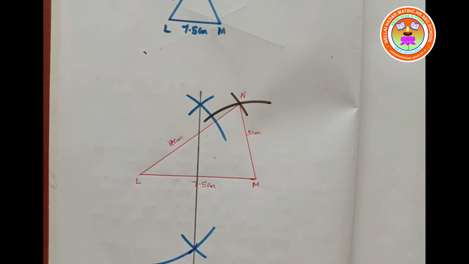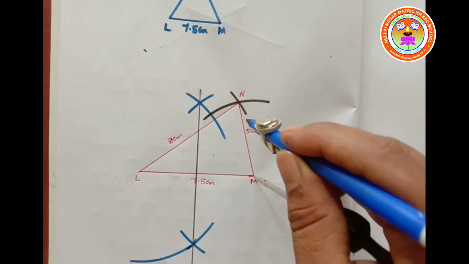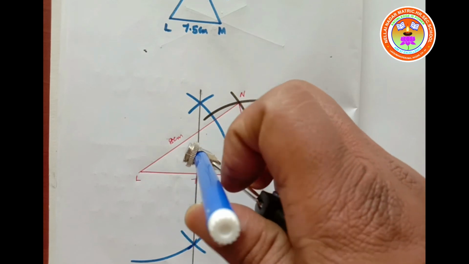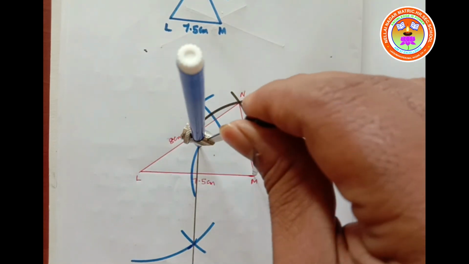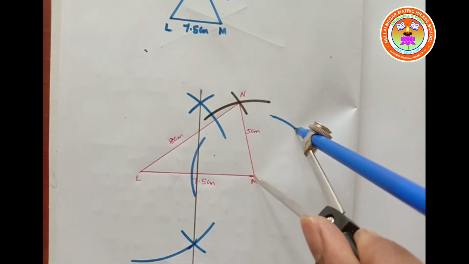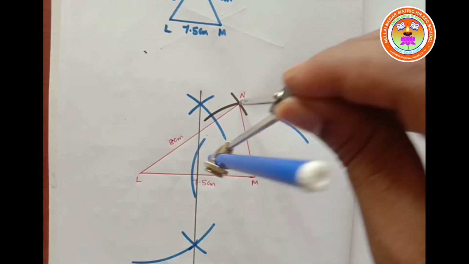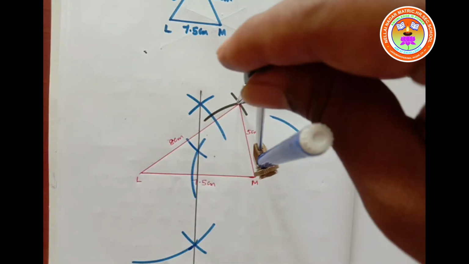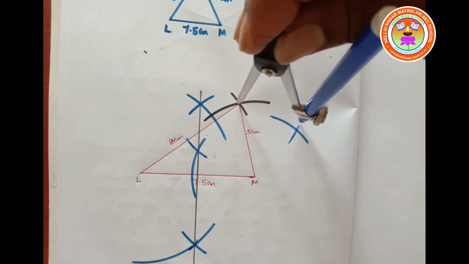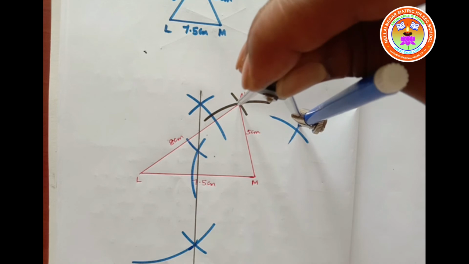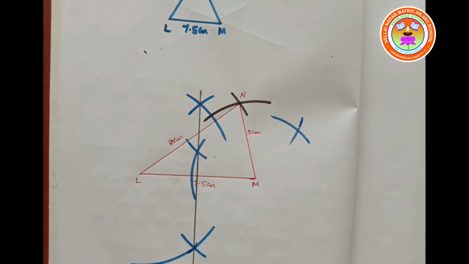Take more than half, same radius, and from N. It's clear, children?